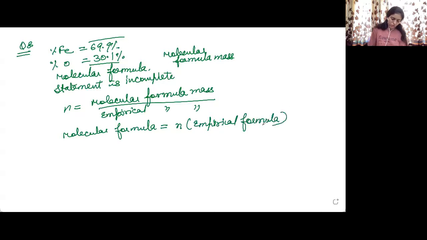Empirical formula mass we can find out after determining the empirical formula. But if molecular formula mass is not given, we will not be able to find out the value of n. To get the molecular formula, we need the value of n. So this statement is incomplete.